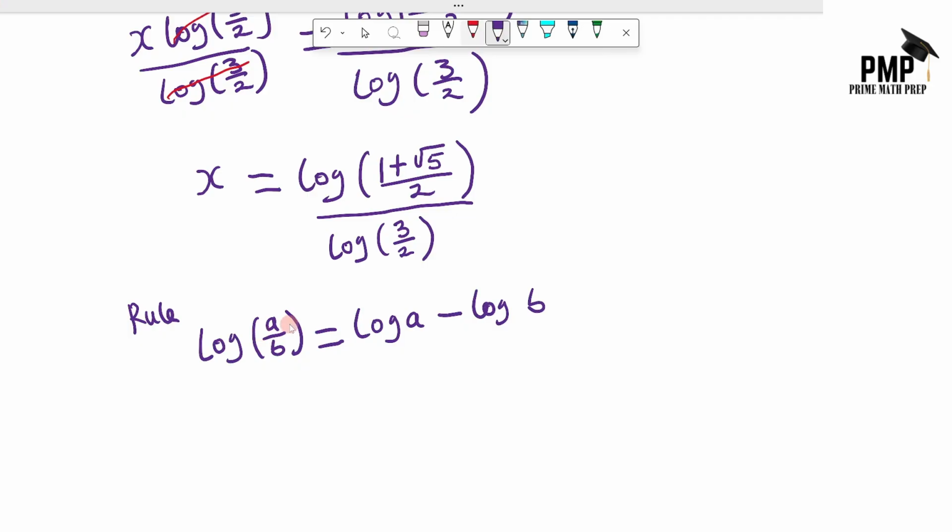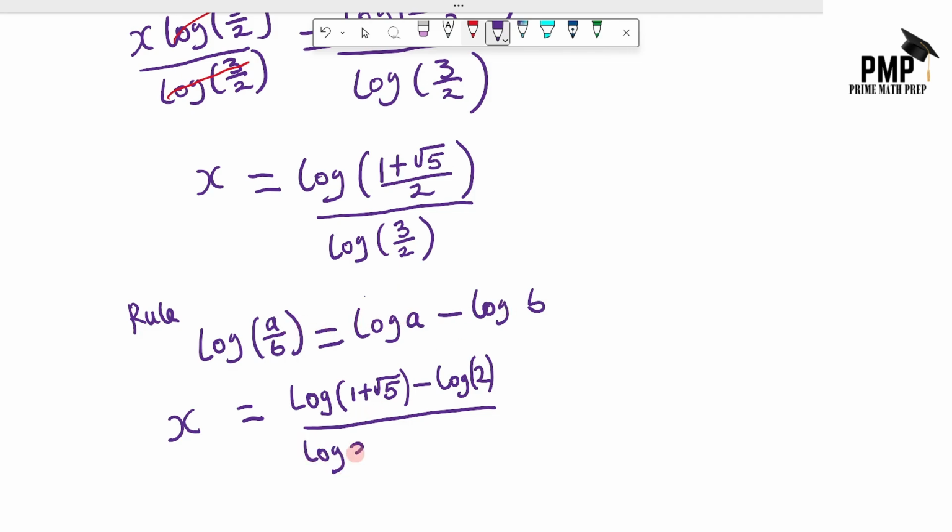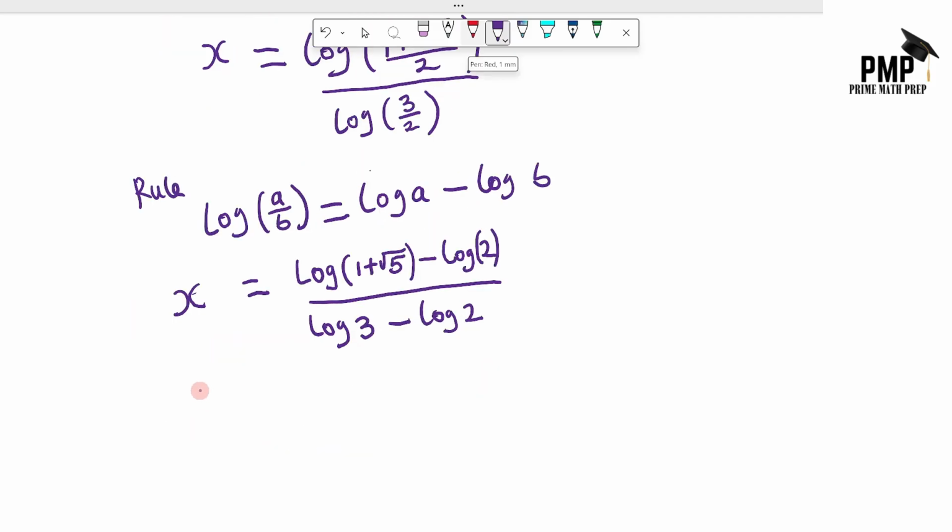If we apply this rule into our equation, we will now have x equal to, for the numerator, log (1 + √5) minus log 2, divided by, we expand the denominator in the same way using this rule, log 3 minus log 2. This can be our final answer for x, but we can still break it down further in decimal format.